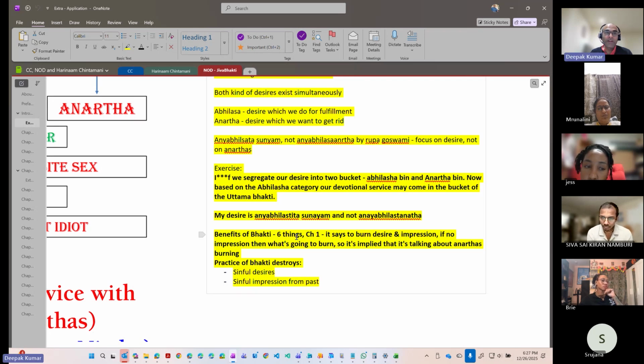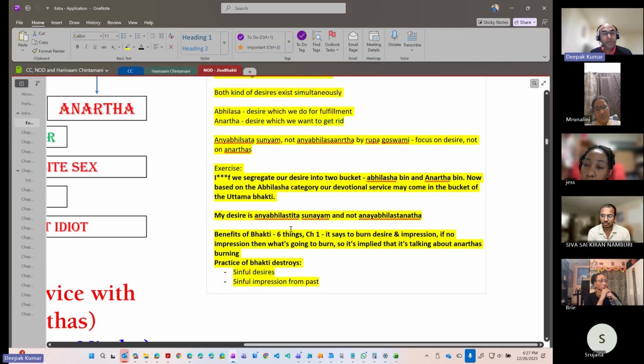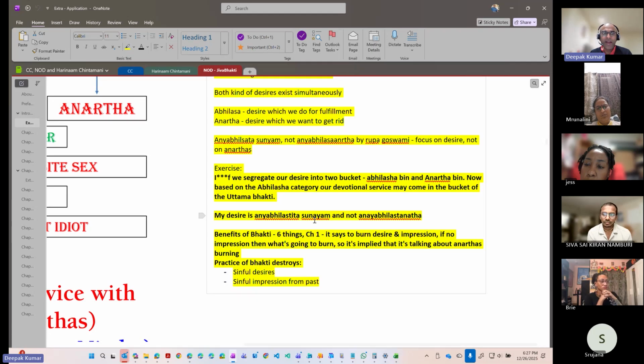When we are born and we are given a human body, it comes with a package, anartha as a package. This Uttama Bhakti definition is not saying anyābhilāṣitā-anartha. It is saying anyābhilāṣitā-śūnyaṁ. It means that implicitly it is acknowledged that I will have anartha. And when I have anartha, I will have some desire which I know is wrong, but I cannot control it.